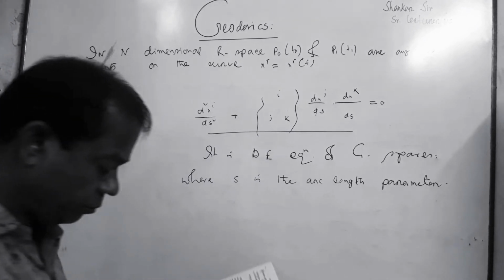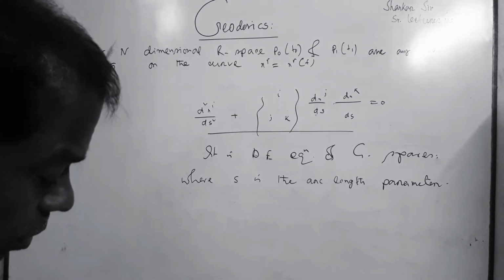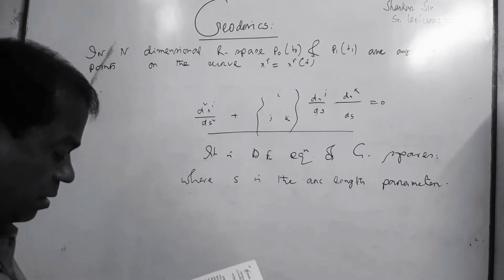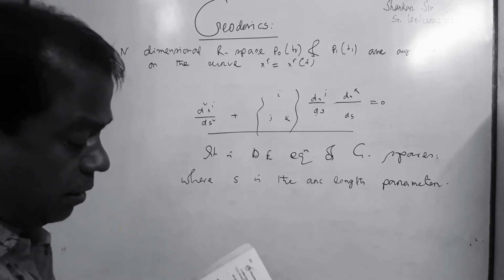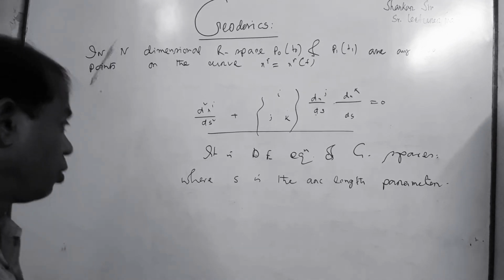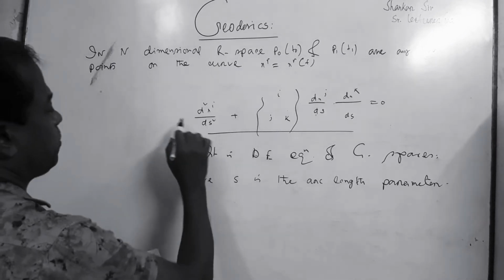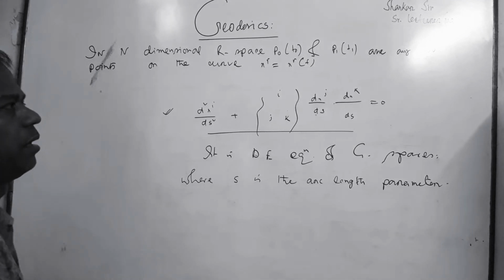Okay, these geodesics on a plane are straight lines, and geodesics on a sphere are arcs of a great circle. Geodesics follow rules.